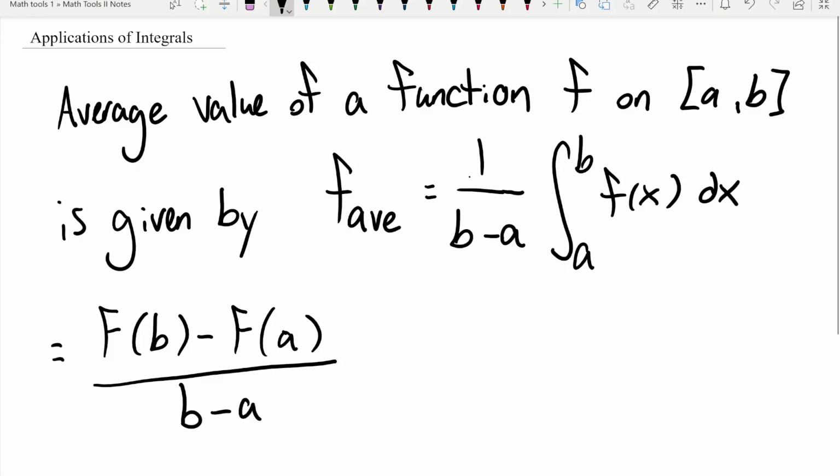If we consider the antiderivative of f, which we denote by capital F, and we apply the fundamental theorem of calculus, we can see that this is actually just the average rate of change on that interval of the antiderivative. Little f would be like the change, with big F being the thing that's changing. So average change is given by this, basically the same formula that we had before. Now we're just calling it the average value.